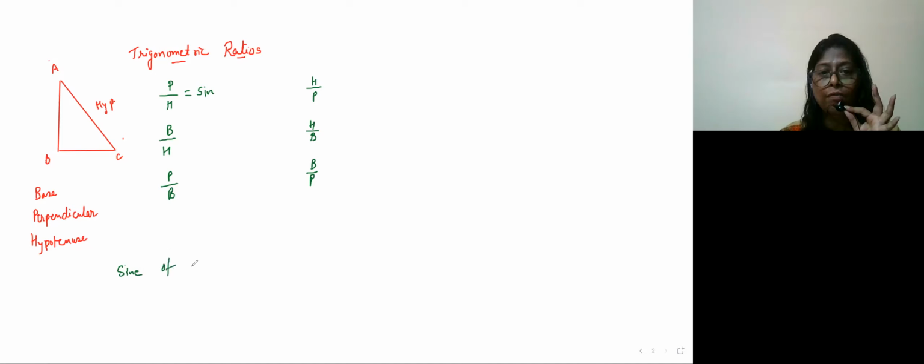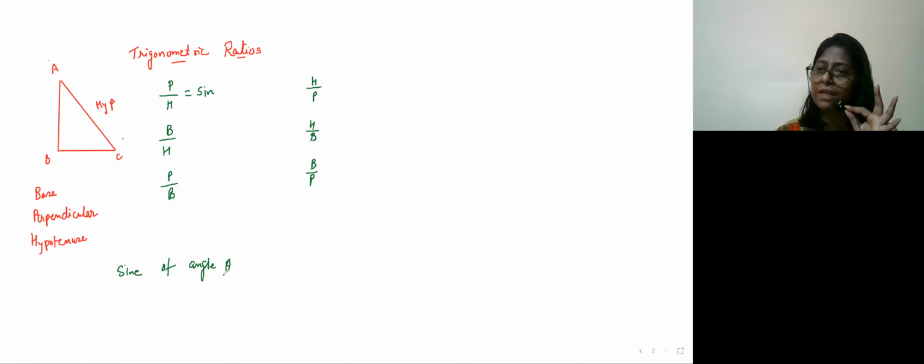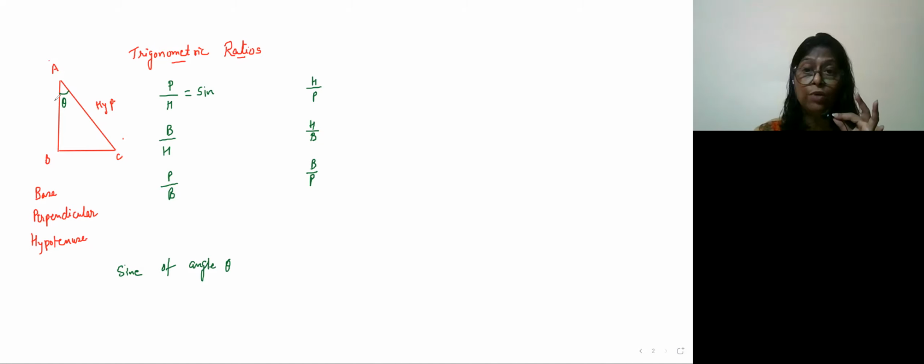Sine of any angle, A, B, C, theta, anything. Let us take for instance theta. Where is this theta? Let me mark it over here. Let this be angle theta. It could be x, y, z, 30 degrees, 40 degrees, but this is a variable. You have not been given any value of theta. So theta is an angle.